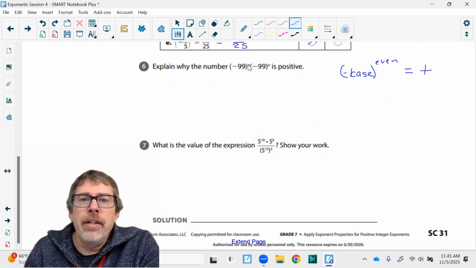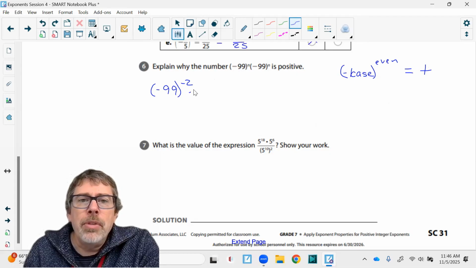So no matter what we plug in for n, we're going to get an even exponent every time. So let's check that. Negative 99, pick a negative number. How about negative 2 times negative 99 to the negative 2, right? So a negative 2 plus a negative 2 is negative 99 to a power of negative 4.